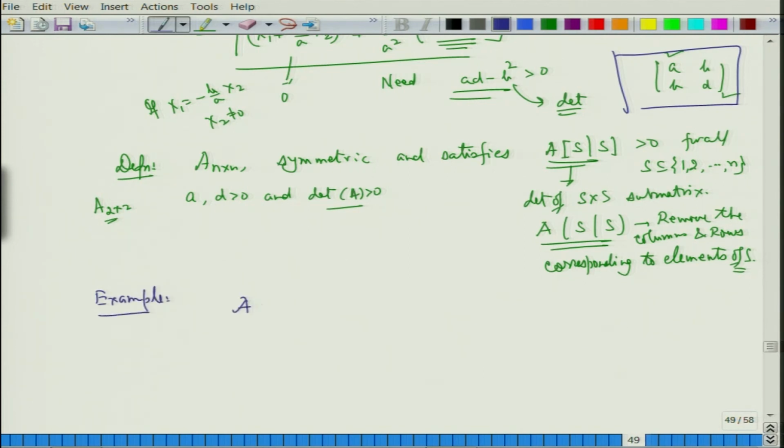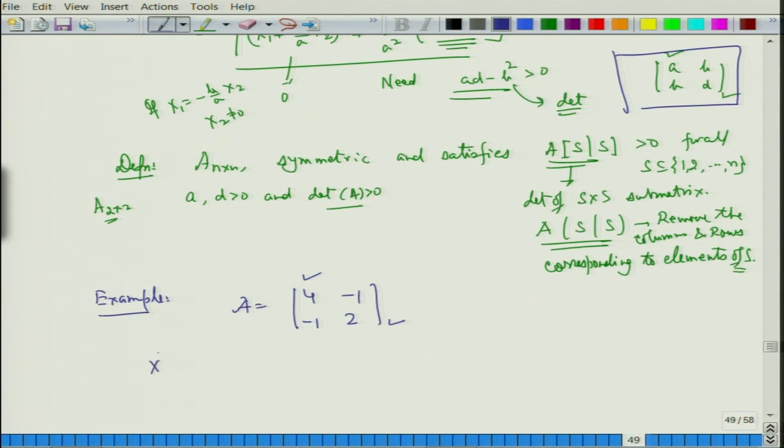I take A as 4, minus 1, minus 1, 4. Suppose I take, or say, 2. I take this as my matrix. It is symmetric. So you can check that all the conditions will be valid here, and because 4 is positive and 2 is positive, this is this.